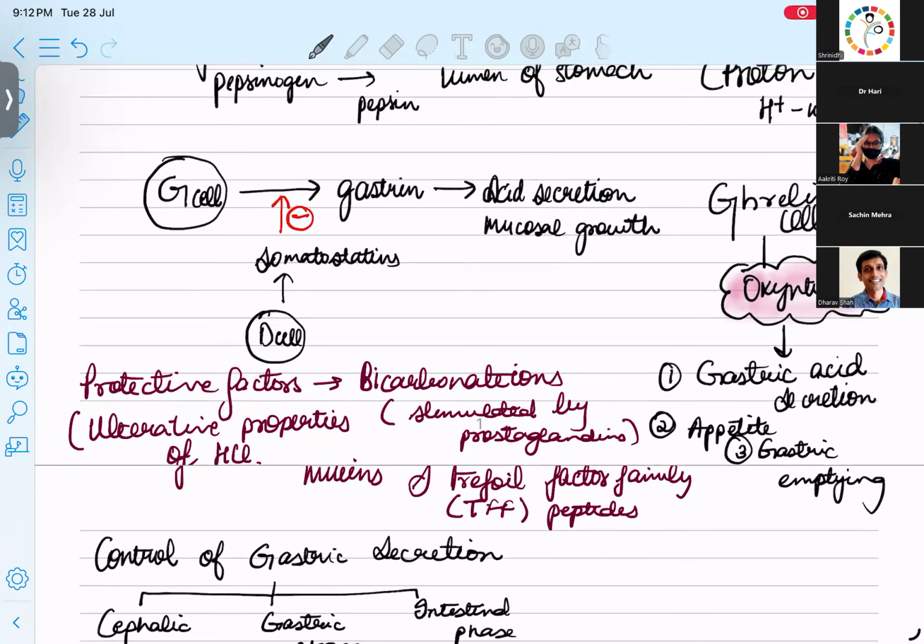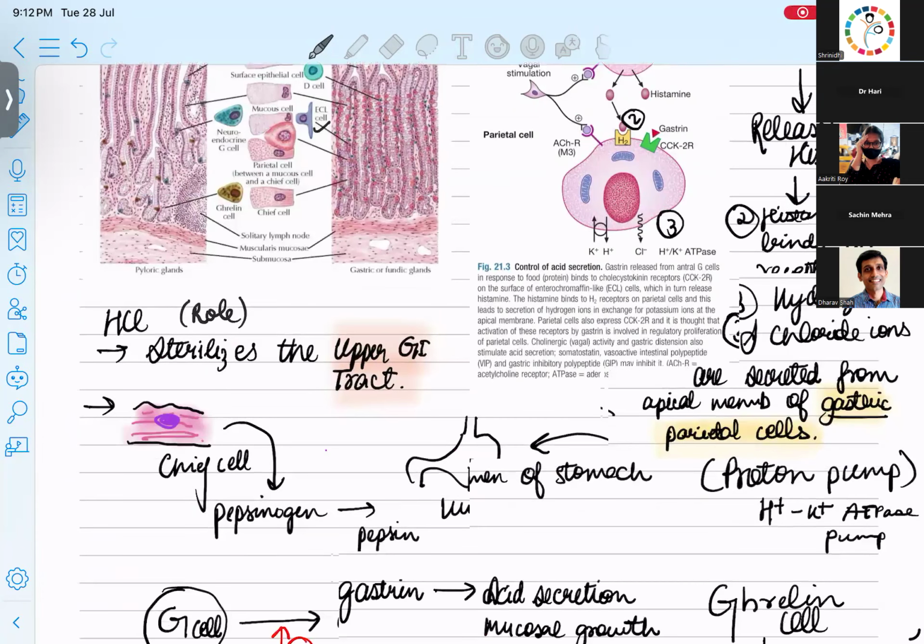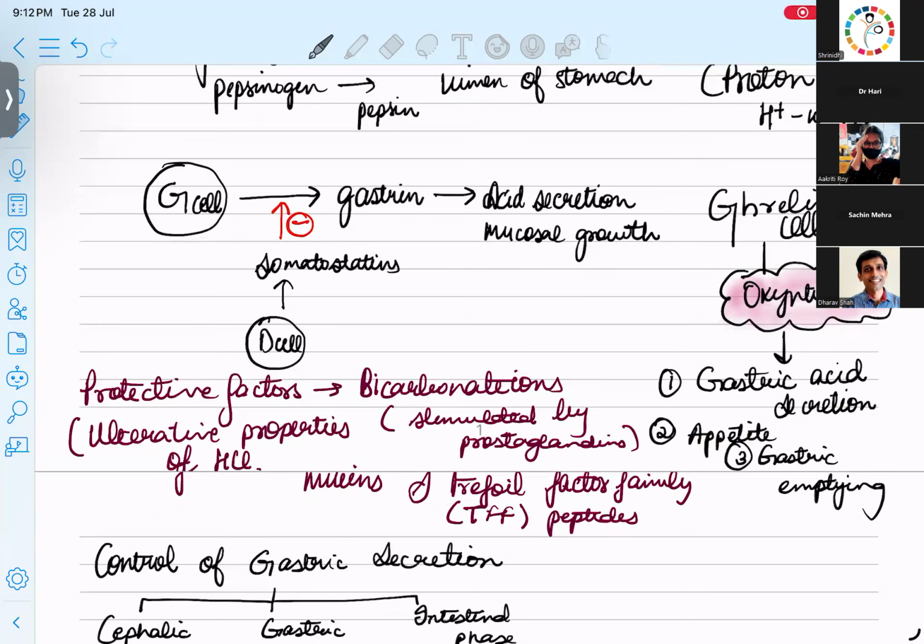Now, we also saw there are D cells. What do D cells do? Now we know antral G cells release gastrin, जो acid secretion और mucosal growth में help करेगा. But what D cells do is release somatostatin, which inhibits the production of gastrin. मतलब G cells and D cells have very opposite functions, and so the D cell has, you can say, a regulatory function in the stomach कि gastrin का regulation D cells से regulate होता है.